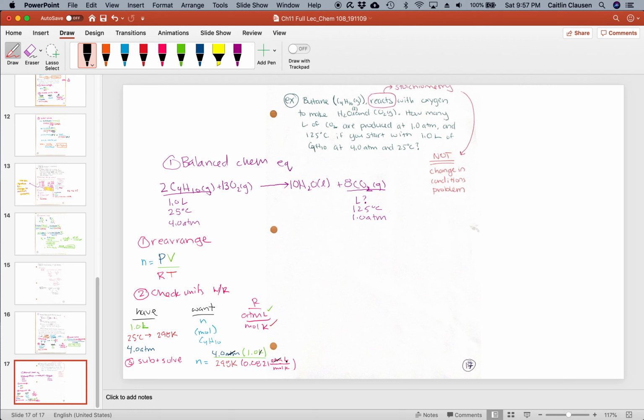ATM cancel, liters cancel, Kelvins cancel, and we're left with moles, which will flip up to the top after we divide everything. And I get 0.16 moles of C4H10.